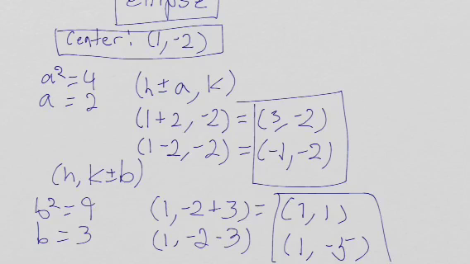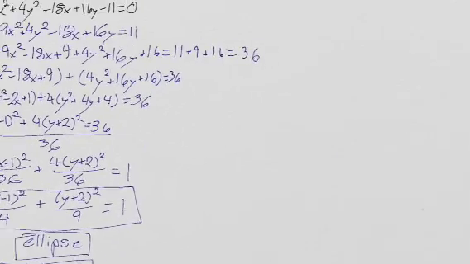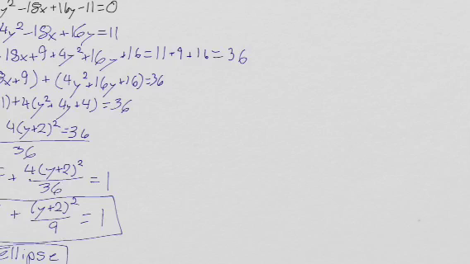And so now if we want to find our foci, we're going to have to use our foci equation, which is a squared minus b squared equals c squared, where the focus formula is h plus or minus c comma k.